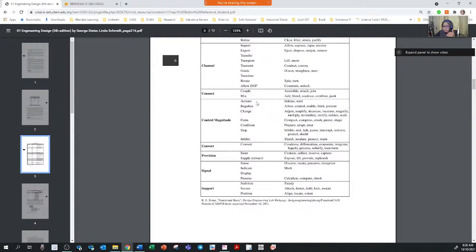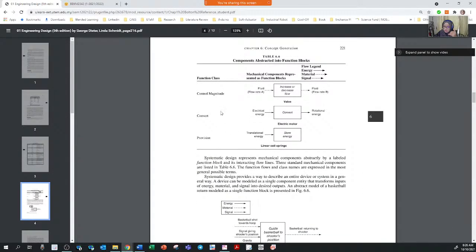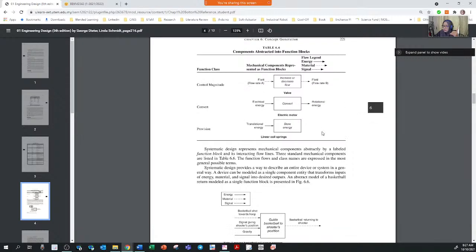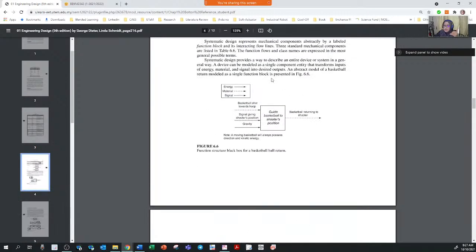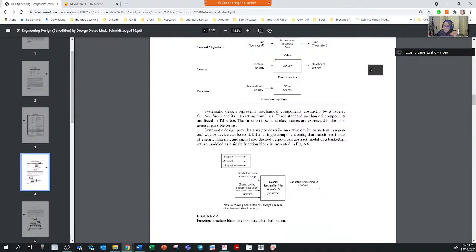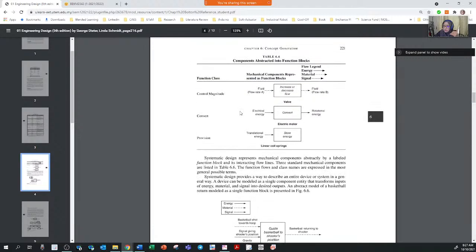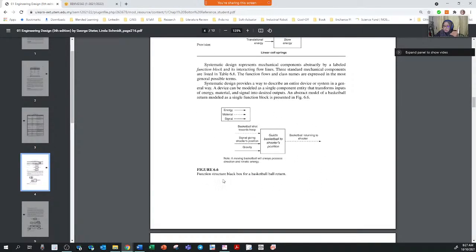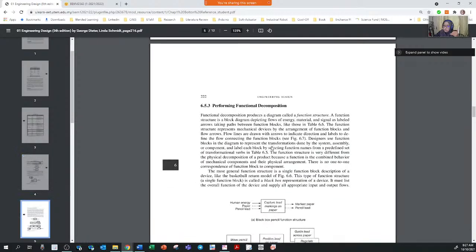So just go through these notes later on, and you can see how they come up with the open loop. You have the energy from here, electrical energy, then you convert it to rotational energy. So all of this explains how you can use these components and make structural type blocks for a system.